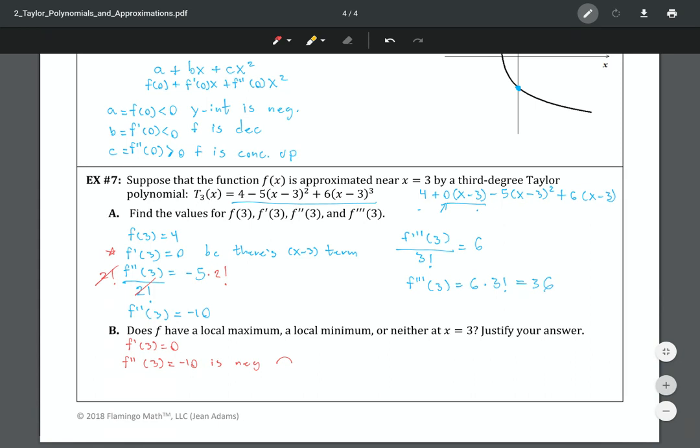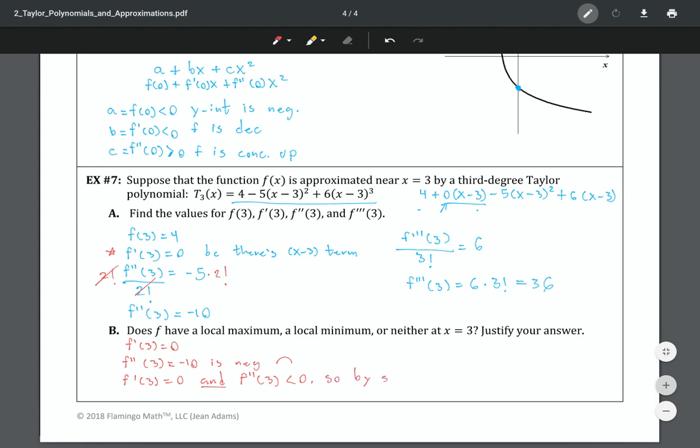Well, never mind. I can't find it. There it is. Couldn't find it there for a second. Let's see. I'm going to write the justification right here. f prime of 3 is 0, and that's a very big and, the second derivative is negative.